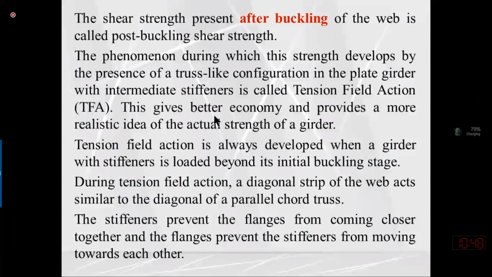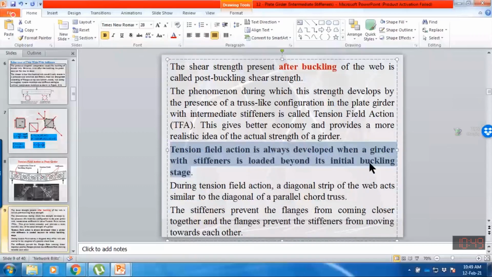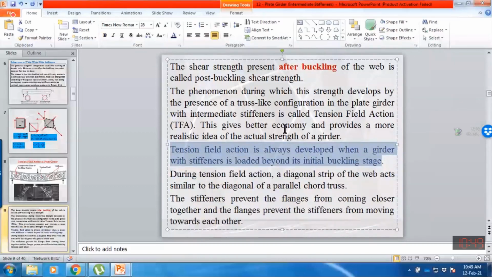Tension field action is always developed when a girder with stiffener is loaded beyond the initial buckling stage. This is very important to learn. Tension field action will only develop in two cases. Number one, if we are providing intermediate stiffener, and number two, if the web is loaded beyond its buckling value.